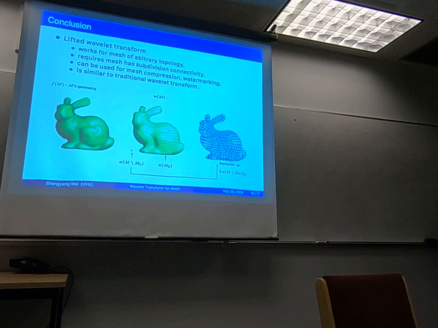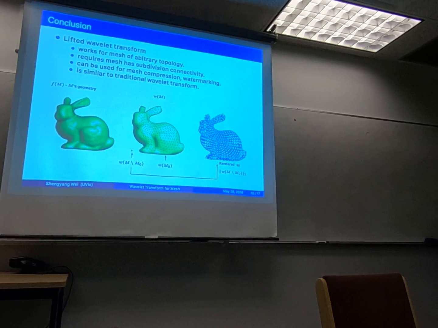Here's an example. Suppose the input is a mesh geometry, and after the wavelet transform, we can get an approximation, and those are the details. The values are very small, so I render the norm of the wavelet coefficient on the finer vertices. You can see a lot of holes on the mesh because the coarse vertices are removed.